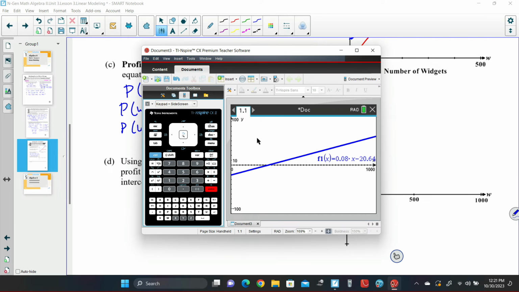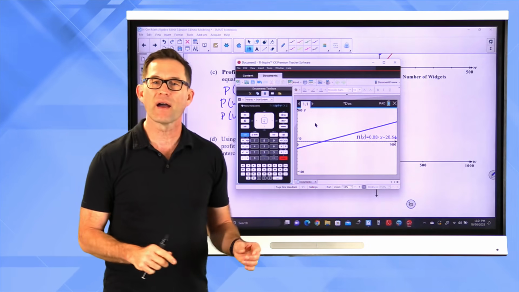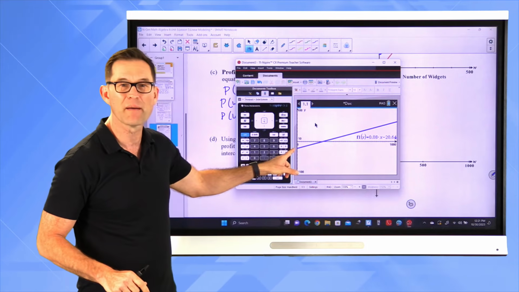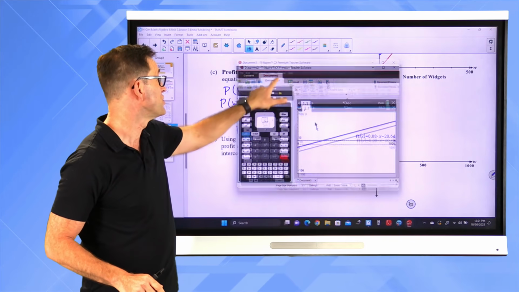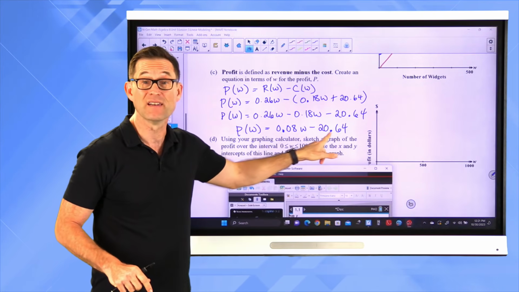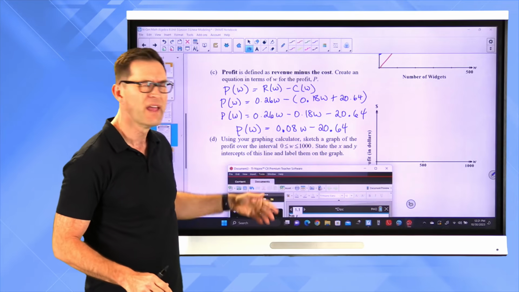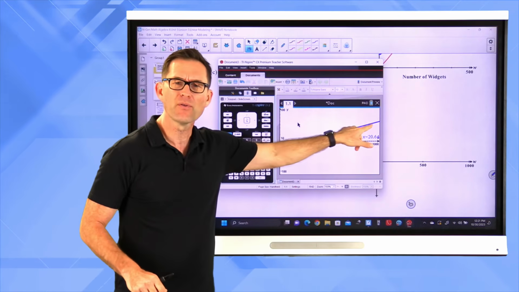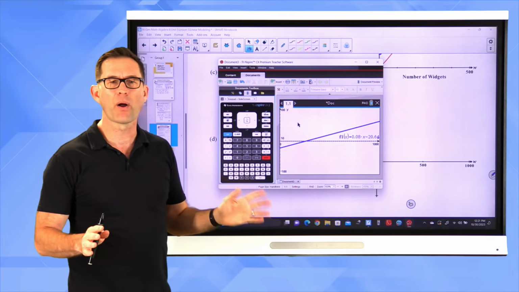And we actually don't get the worst graph there. That's not terrible. Now, I probably have a little bit more down here than I need, especially given that my y-intercept, which is easy enough to think about because it's negative 20.64, is well below that negative 100 that I set. Up here, the window's a little bit better, but it's still probably more than I need.